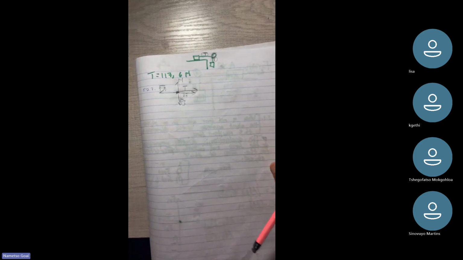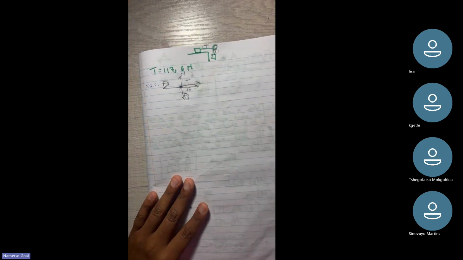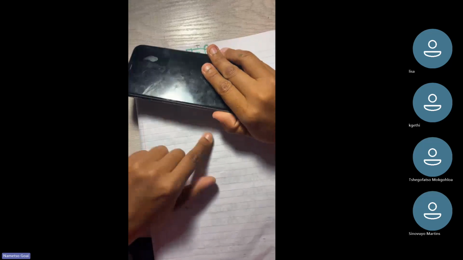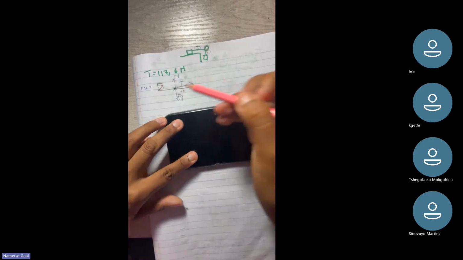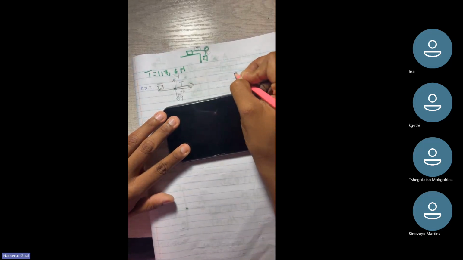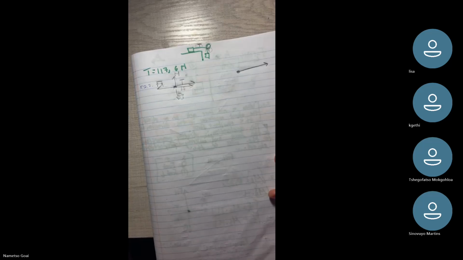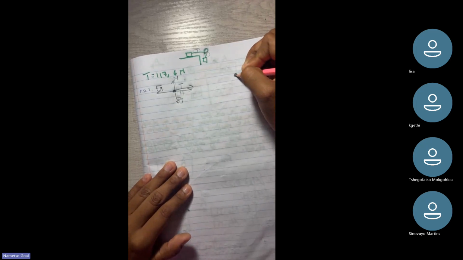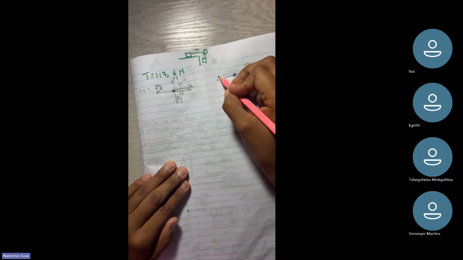Let's say we have a phone over here on a rough surface, and you are pulling the phone that way. Friction is the force that opposes the motion of an object. It tries to slow you down to eventually have you stop. So if F applied goes that way, friction has to act in this direction.